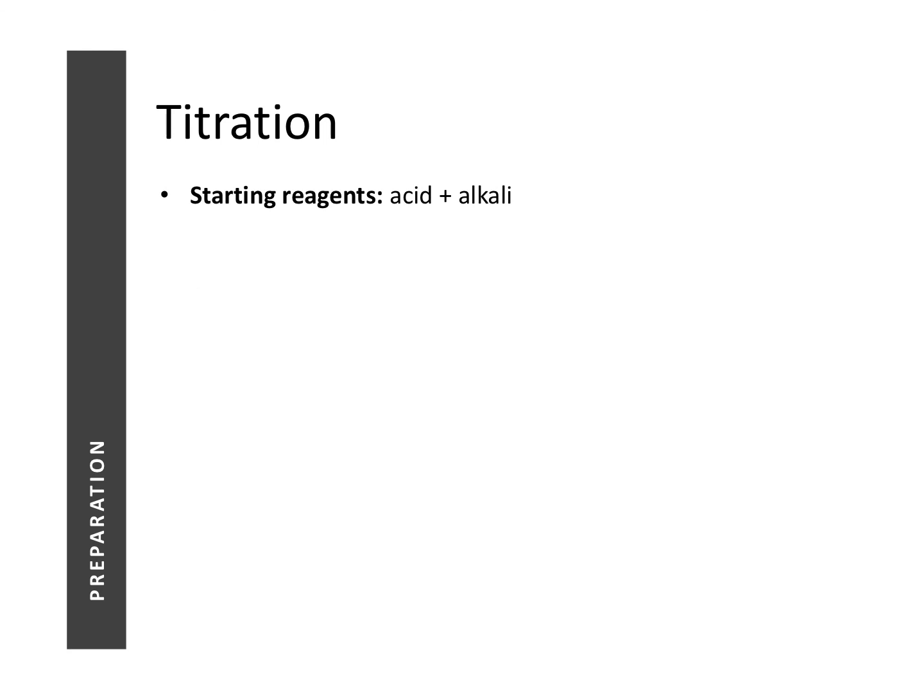The last method that we'll look at is titration. Titration, once again, is for preparing a soluble salt that is spar. For example, sodium nitrate is a spar salt, so we need to use the titration method. For the titration method, it's very straightforward. The starting reagents must be an acid mixed with an alkali.